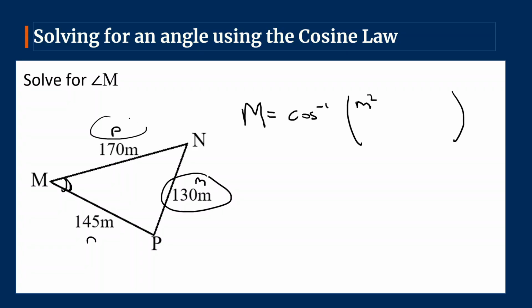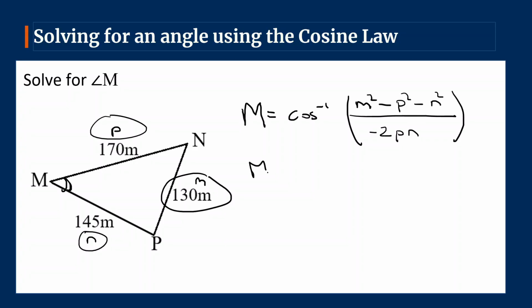Now the other two sides can go wherever they want. So it'll be minus p squared minus n squared, and then divide it by negative 2pn. That is how you set up this backwards cosine law for this triangle to solve for m.